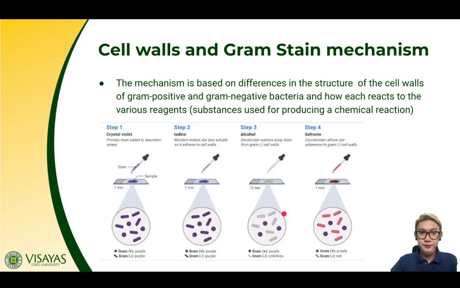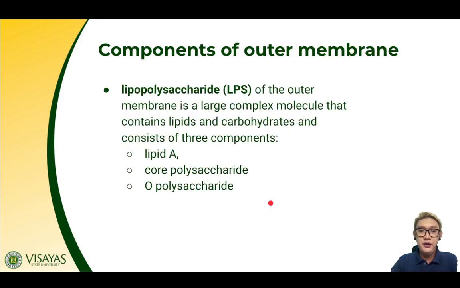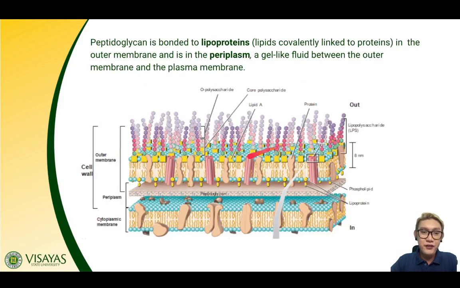The alcohol decolorizer will degrade the outer membrane of the Gram-negative bacteria. The crystal violet and iodine have formed a lattice, but because of the thin peptidoglycan layer, when the decolorizer is applied, it degrades the outer membrane and some of the peptidoglycan layer, so the crystal violet and the iodine are also washed out.